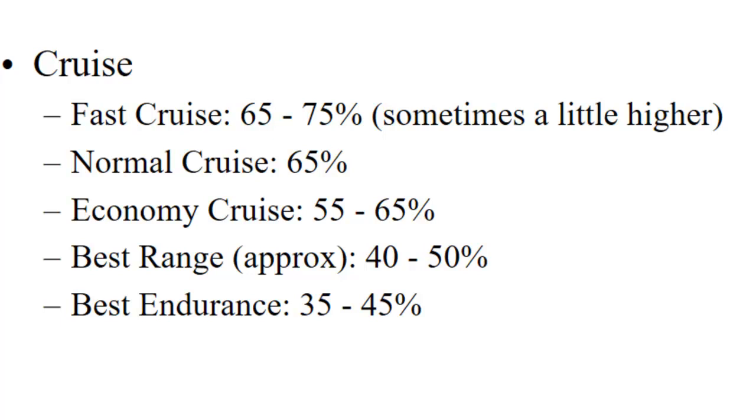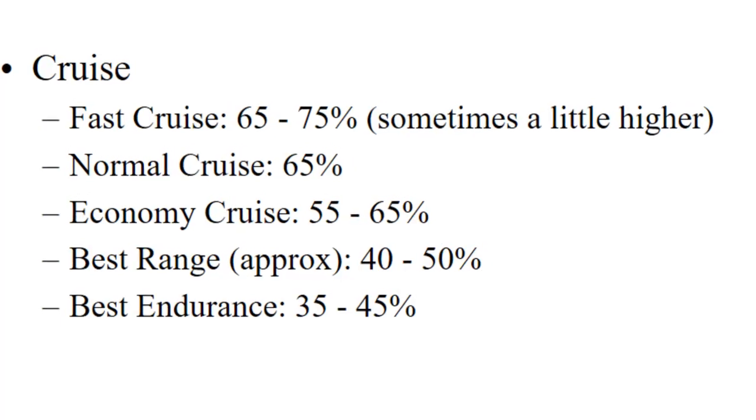So you have to be a little bit careful. The engine could be running pretty cold, and there's the risk of fouling plugs and things like that if you get down there into the 30s and 40s on the power settings. But it is kind of nice to know that if you start running out of gas and need to extend your range or your time in the air to its maximum.